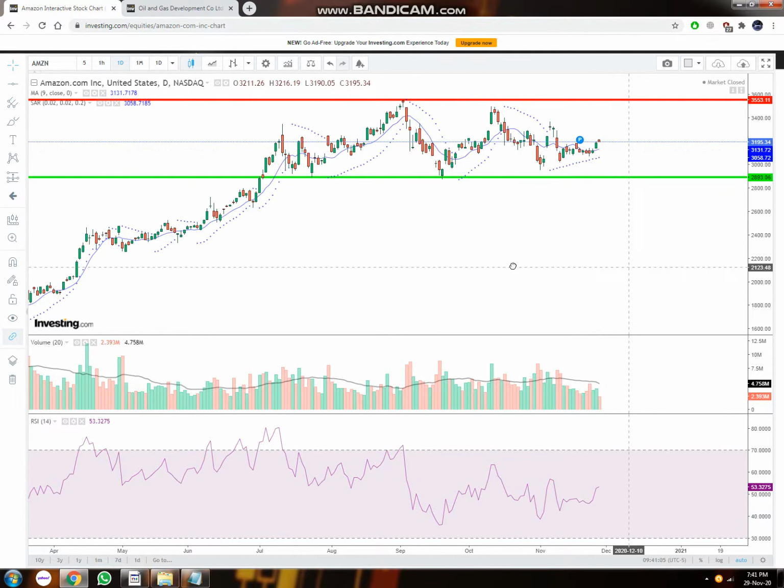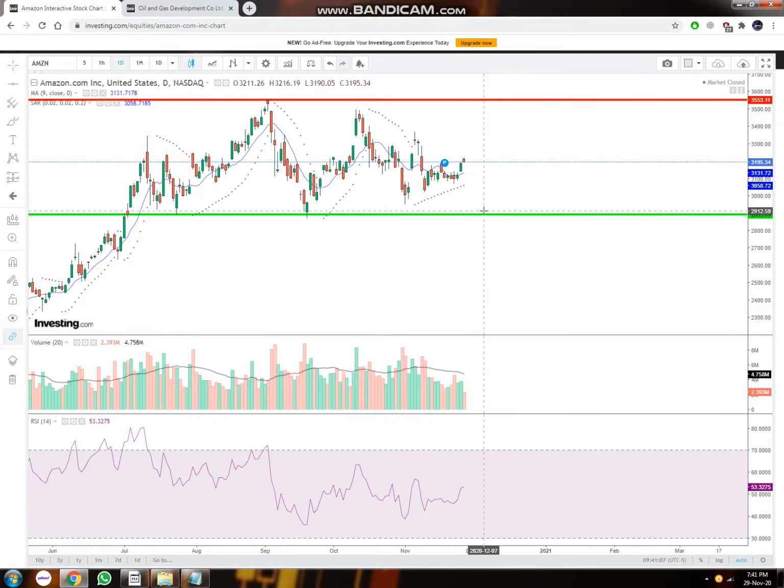Now if it starts to trend in the downward direction, and it broke the line from below and hit the line here and then moved below, it means that it is a downtrend.